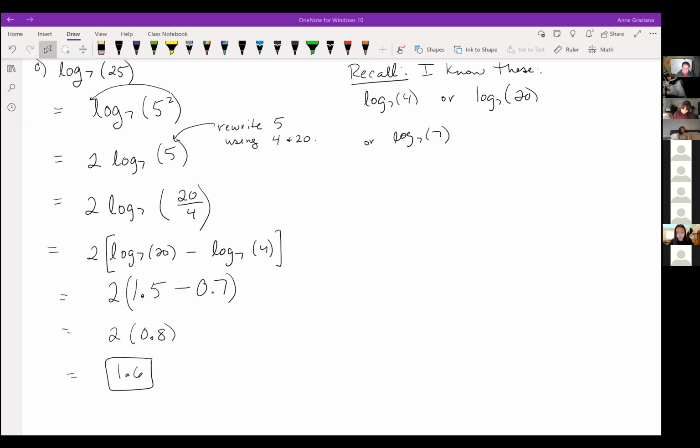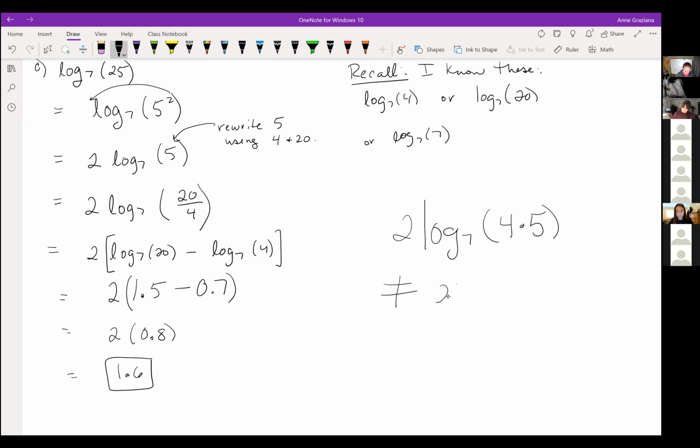Yeah, but the problem is, Marianne, if I do log base 7 of 4 times 5, that does not equal 2 times log base 7 of 5. Those aren't the same things. I have to make sure that whatever my input is, whatever that number is in the parentheses, you don't change it. You can rewrite it, but you cannot change it.